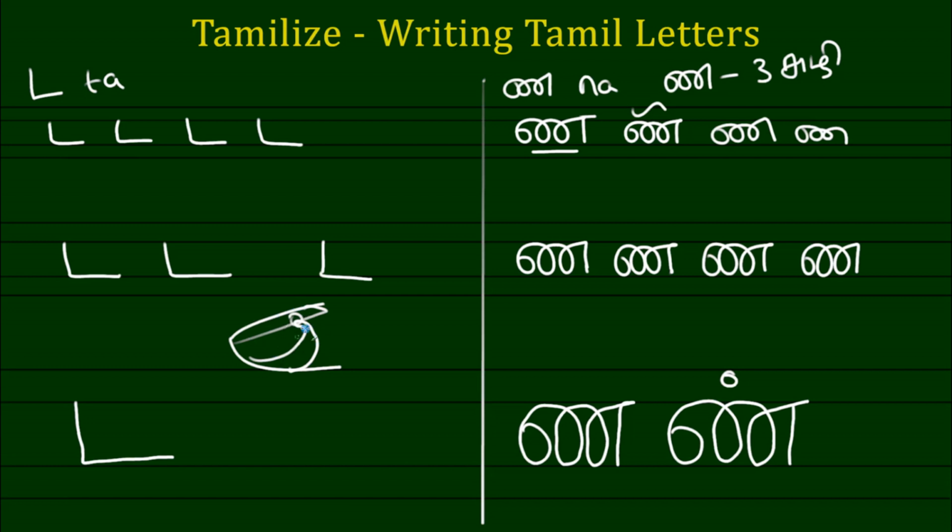So when you say this na, your tongue should also in the same way touch the palate, right? Na. So you should bend your tongue and it should touch the inside of the palate. So that's na. Okay, remember that. So the same way you say tha, you should say na, right? The tongue position should be similar, because only then you will be able to differentiate between the three nas in Tamil. So that is tha, na, right?